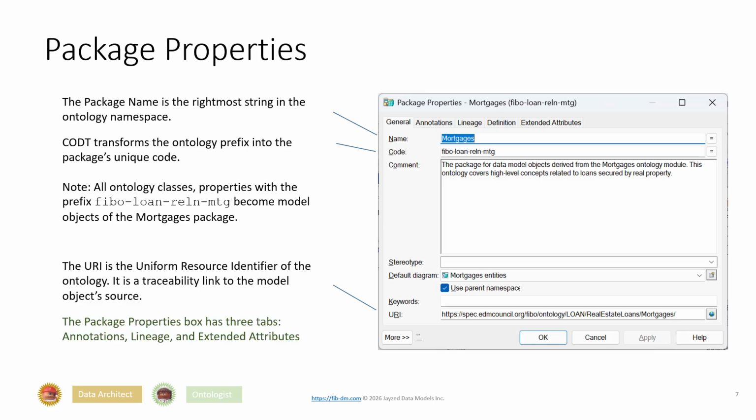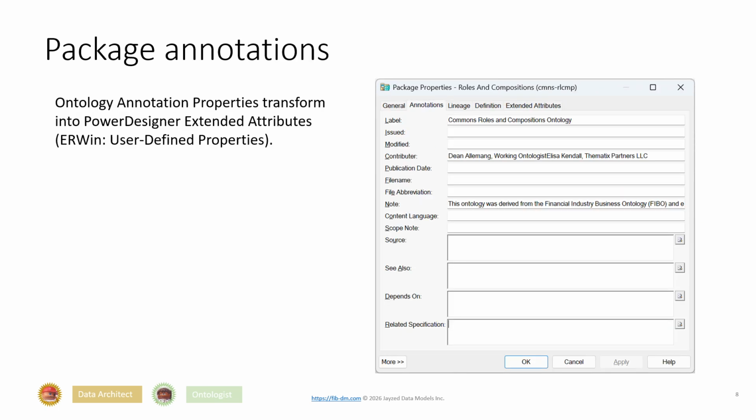The package properties box has 3 tabs: annotations, lineage, and extended attributes. Package annotations derive from ontology annotation properties.